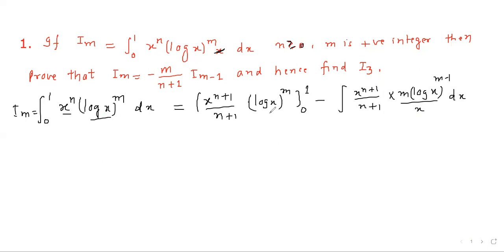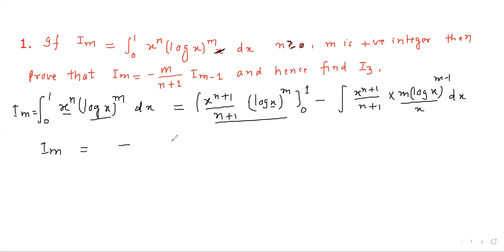If we put the limits, log 1 is 0 and log 0 is also 0, so this term will become 0. So we will get I_m equal to minus. Here, x^(n+1) and this is x, so one x will get cancelled.